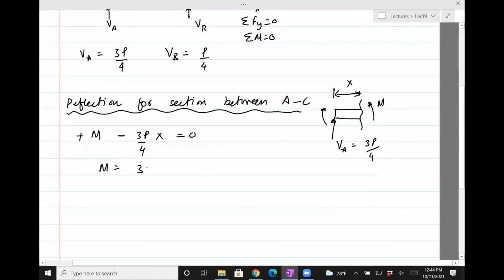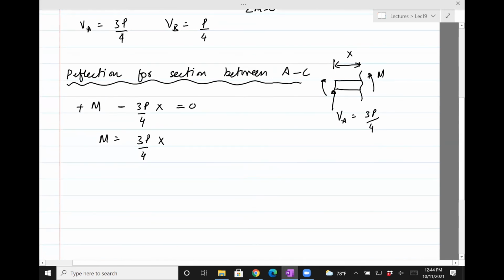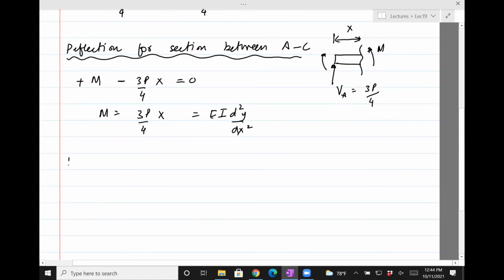So M is 3P divided by 4 times X. Okay, so now we are all set. We write EI d squared y by dx squared equals M. Okay, so let's just integrate this expression.